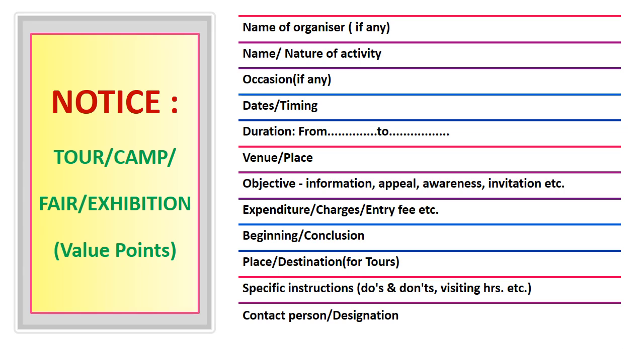Now students, these are some value points which you must keep in mind while writing a notice for a tour, camp, fair or exhibition. So what are the things we must mention in this type of notice? Name of the organizer, if any, then name or nature of activity, occasion, if any, then dates and timings.